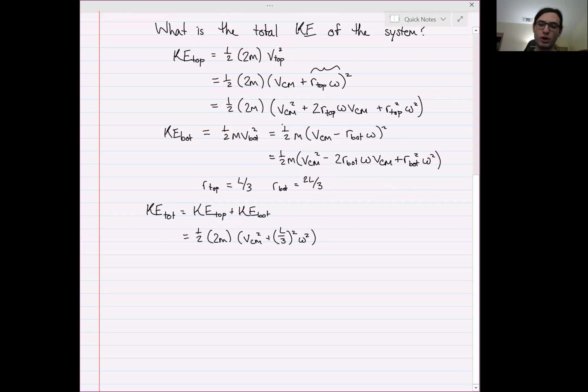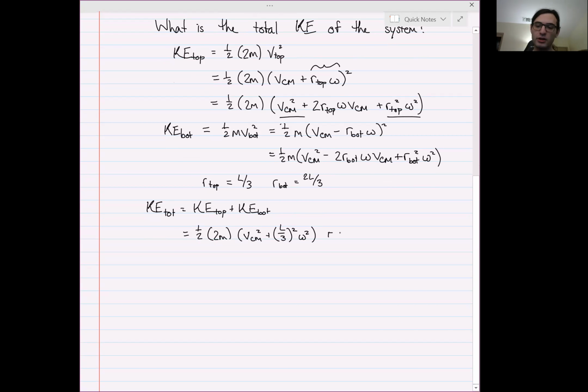So that's the first two terms here, right? Plus 2m times L/3 times omega vcm. That's this middle term. I just canceled out the 1/2 and the 2. And so we're just left with 2m times L/3 times omega vcm.